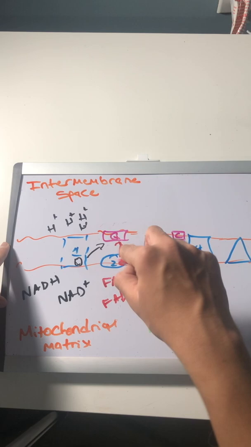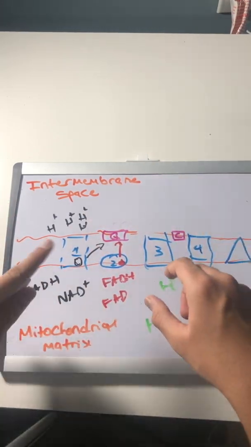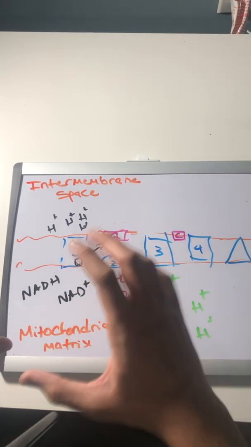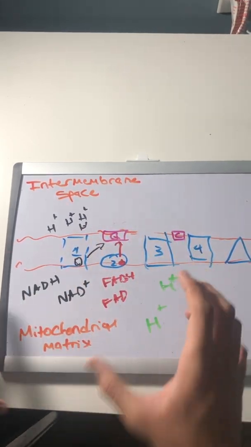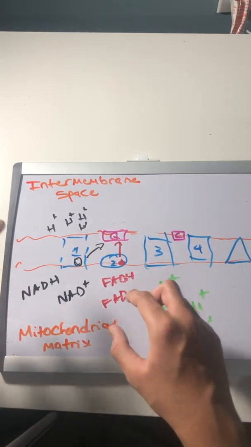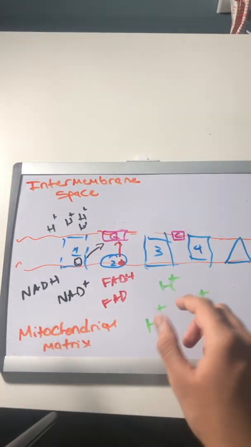From there, we need to understand two things. In complex 1, only the electron carrier NADH can be oxidized and used to supercharge complex 1, which allows a proton gradient to form in the intermembrane space.